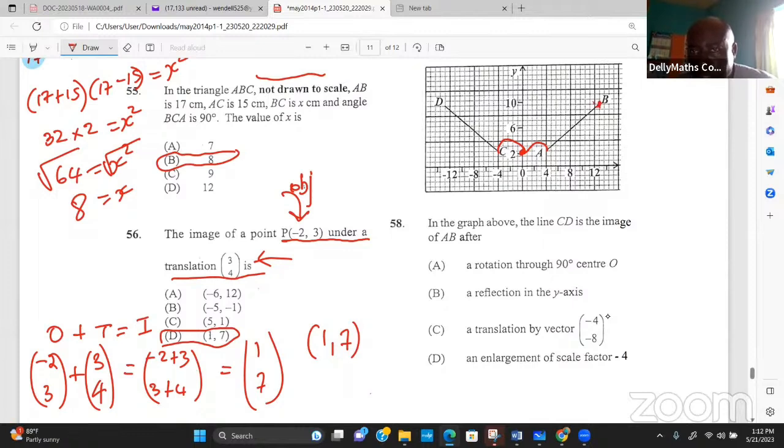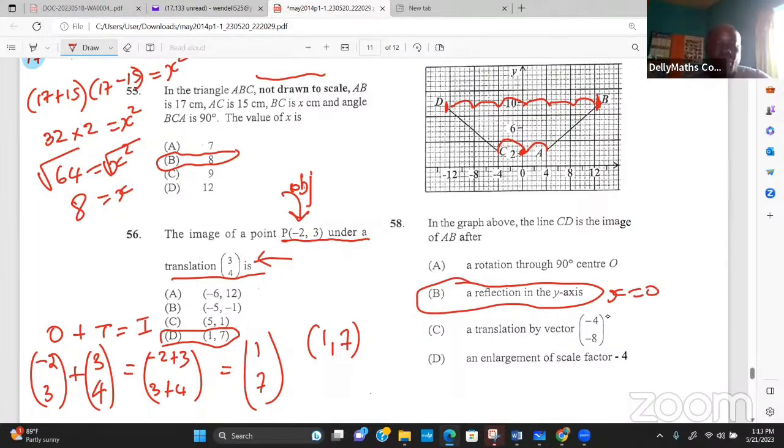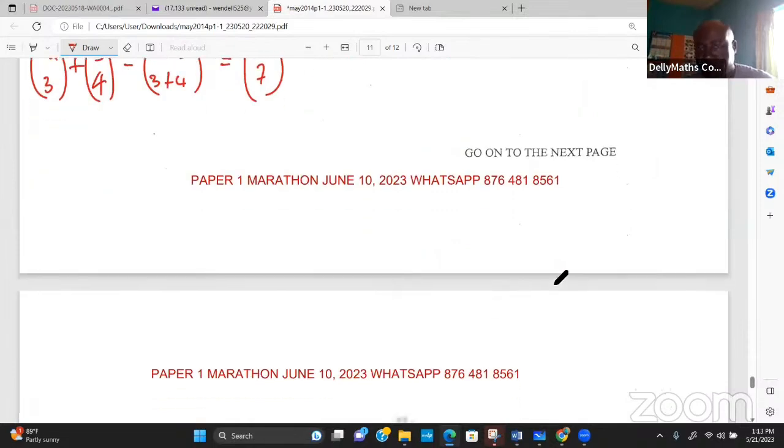If you go with this, you'll get that, and then that little tiny piece, you still see the little tiny piece. So that's a reflection in the y-axis. And if they wanted to trick you, they could have said a reflection in x equals 0. Remember, x equals 0 is the same thing as the y-axis. So we want to make sure we own those ideas so that we can use them.